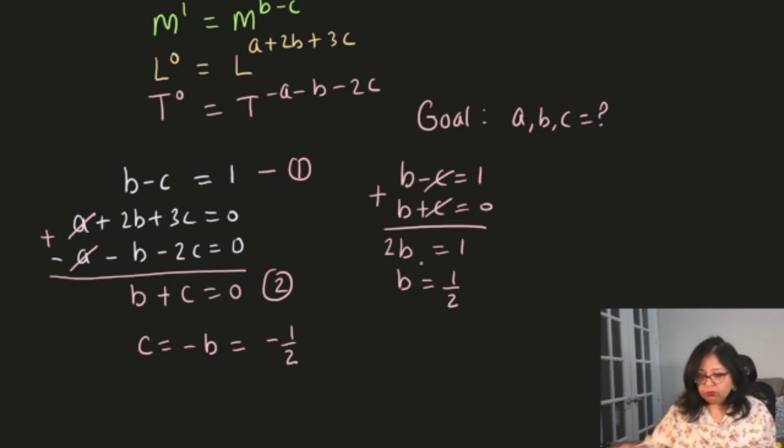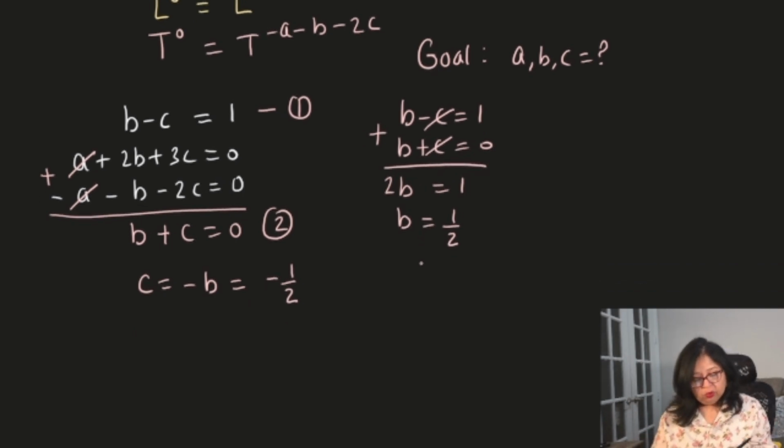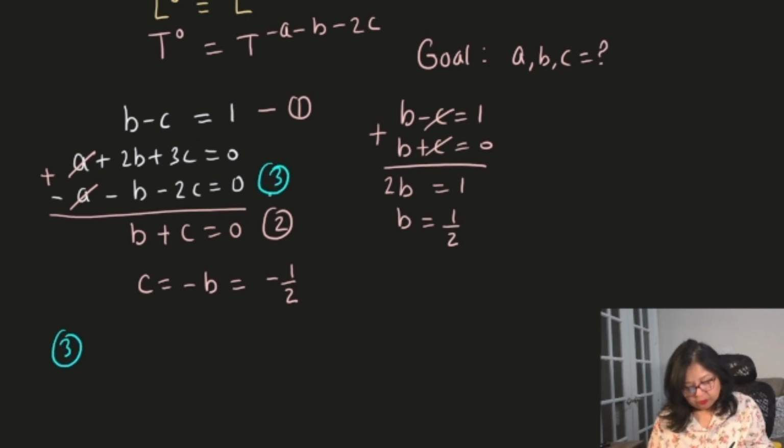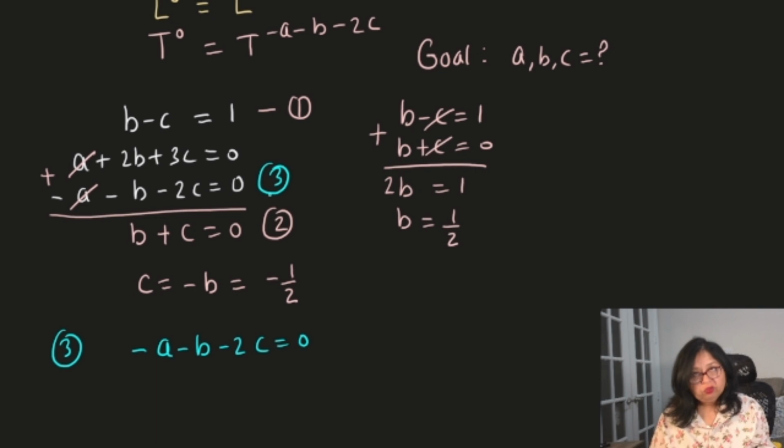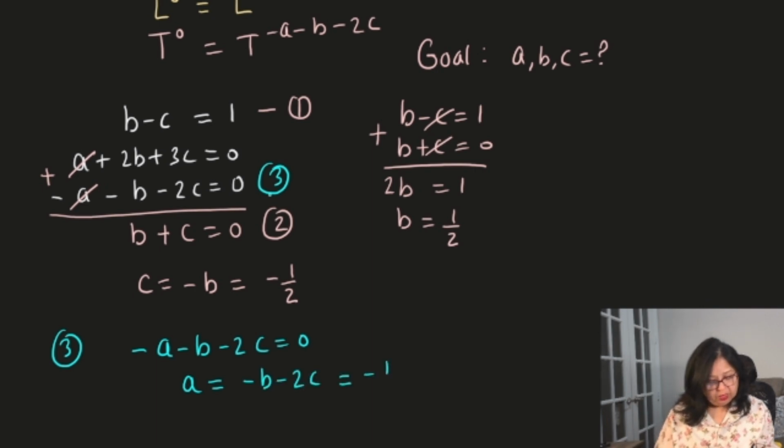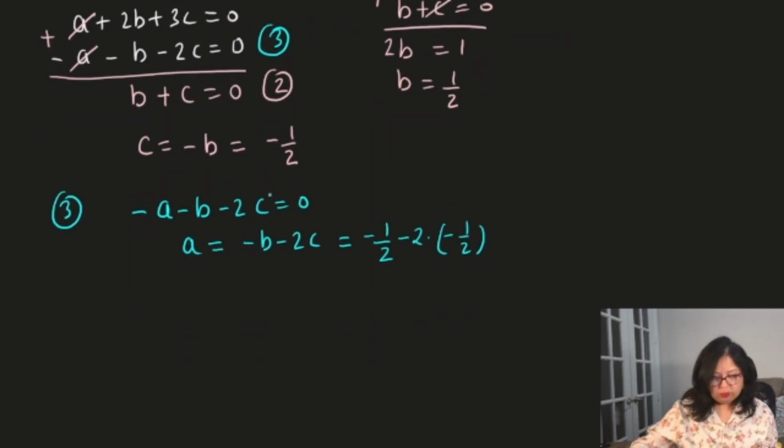We still have to figure out what a is. So from equation, let's call this equation number 3, minus a minus b minus 2c equals 0. Add a to both sides, and after that swap left and right hand side. That will give you a equals minus b minus 2c. What is a? a is equal to minus 1 half minus 2 times c. c is minus 1 half.